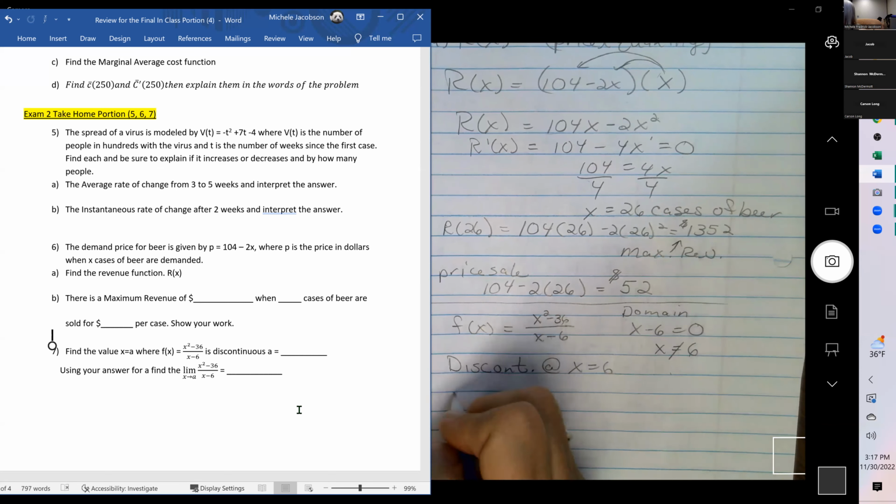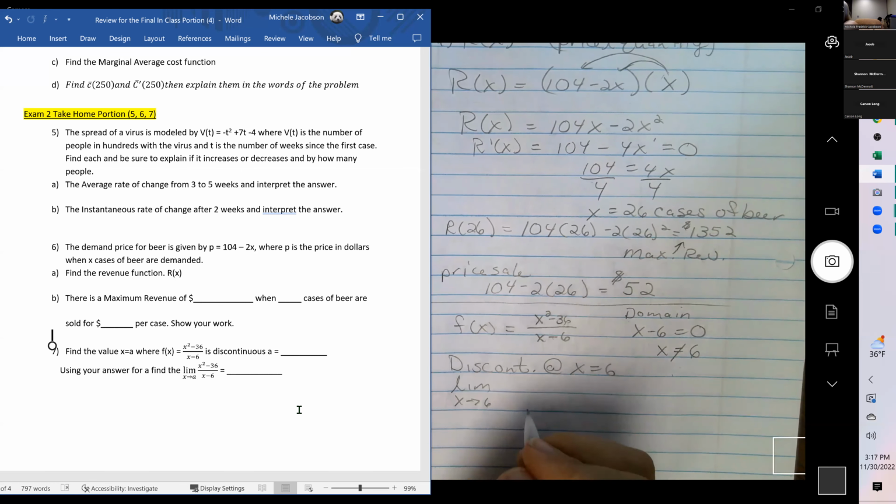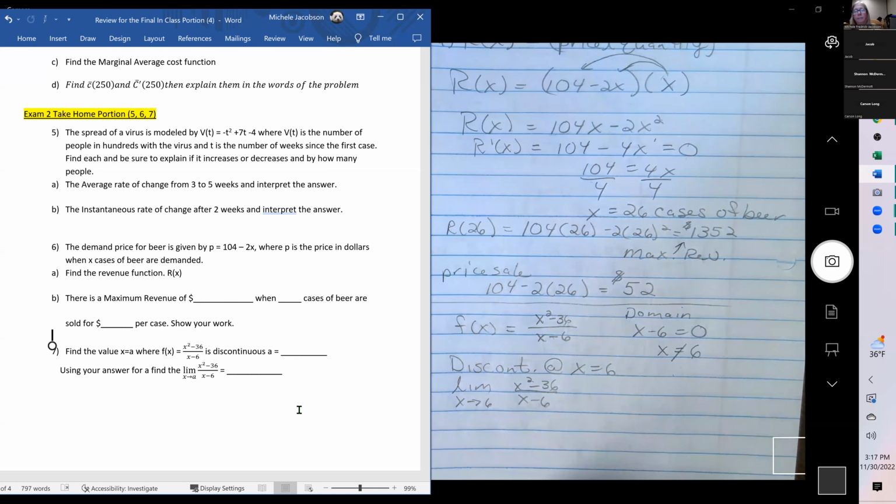It asks us to find then the limit as x approaches 6. When we're finding limits, the first thing we do is plug the value in, see if you get an answer.